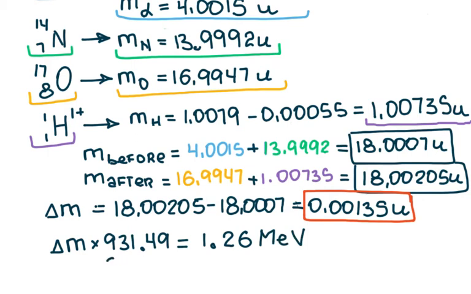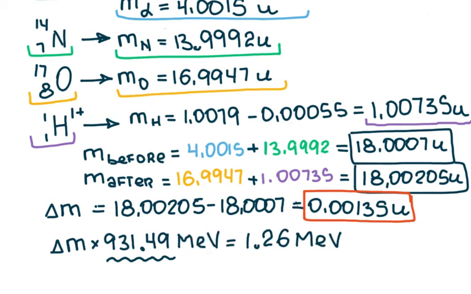So I used the mega electron volts for conversions. I should have added mega electron volts. So I get 1.26 mega electron volts of energy needs to be supplied into this reaction for it to happen.